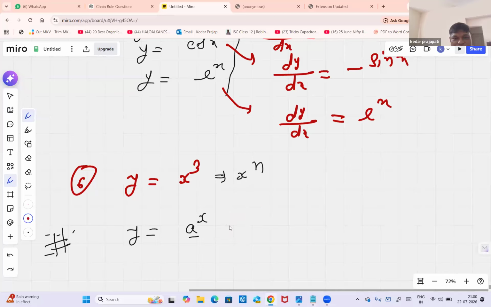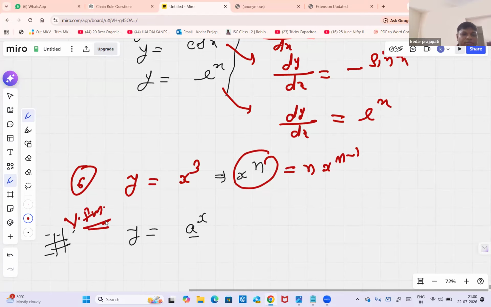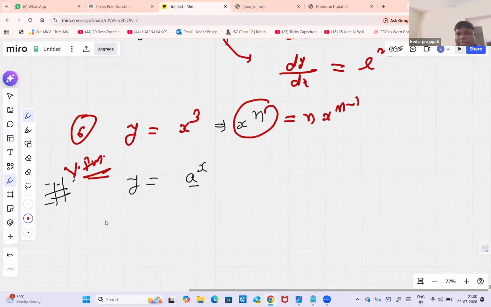This is constant to the power variable. A variable to the power constant we can solve using n x^(n-1). But this is a very important question. Note it down in your notebook. How will we solve it? I know you must know the formula, but we should know how to solve.